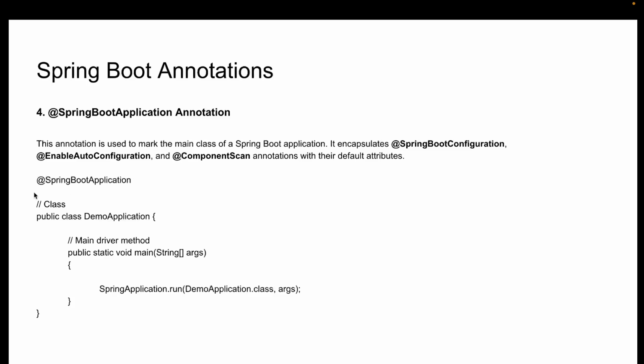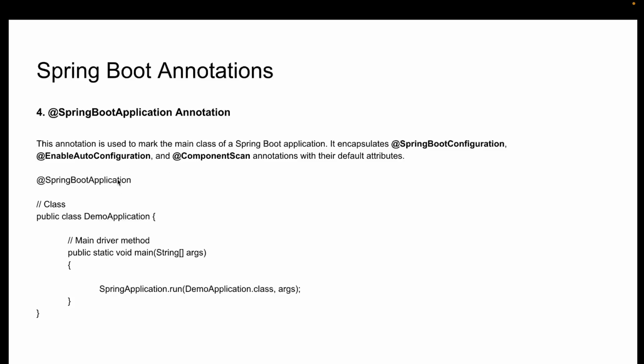And once you use this annotation, you will be able to use all the features of those three annotations that you have studied: @SpringBootConfiguration, @EnableAutoConfiguration, and @ComponentScan. So @SpringBootApplication is equivalent to the sum of all these annotations. Whatever things are being done by these three annotations can be done by a single annotation.